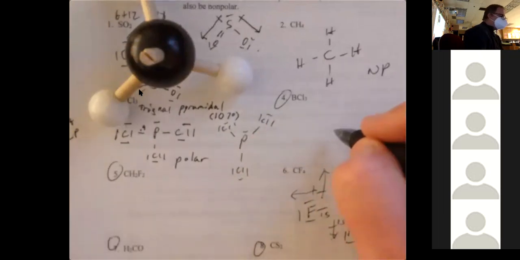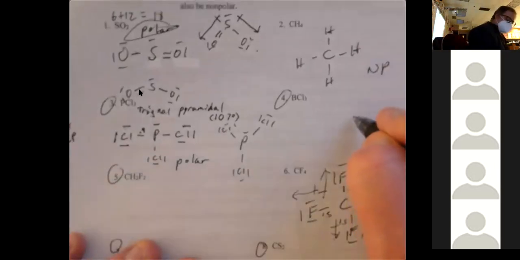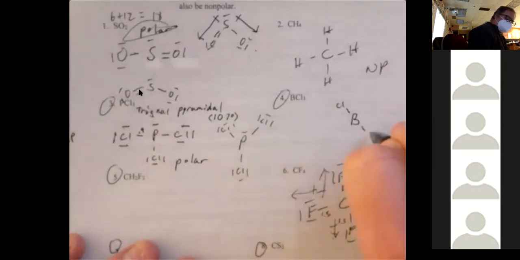Let's try BCl3. Who's in the center of BCl3? Boron. And we have Cl here, and Cl here.